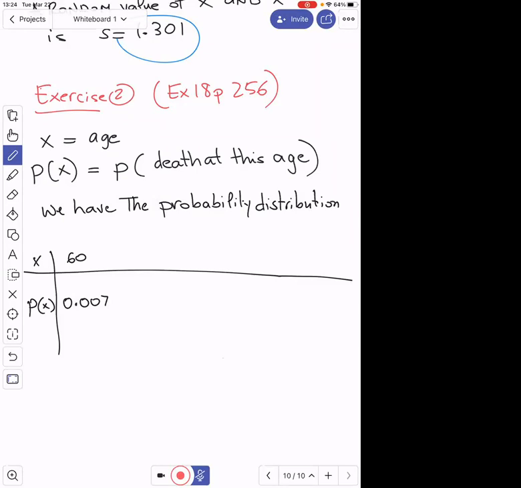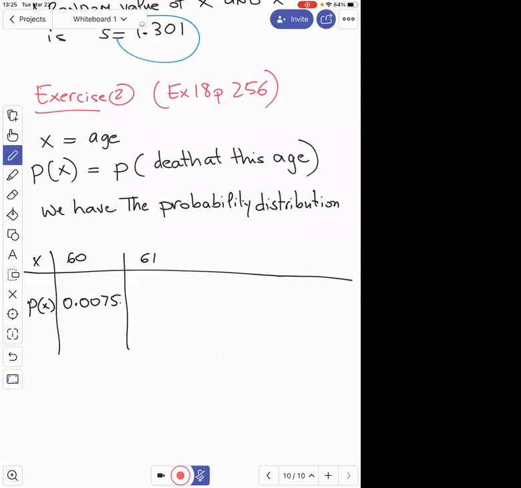In the textbook, the probability of death at age 60 is 0.00756, but we can just work with 0.0075. Yes, we can drop the 6, like for 61. At the end of the day, when you round it off, everybody gets the same number.